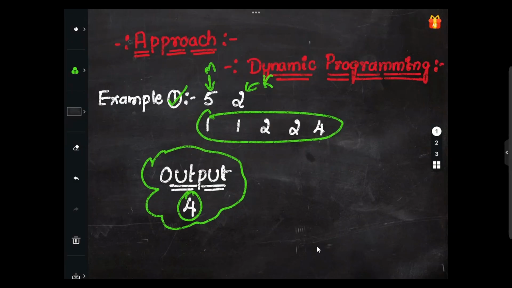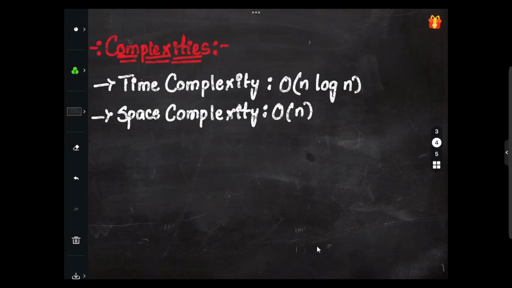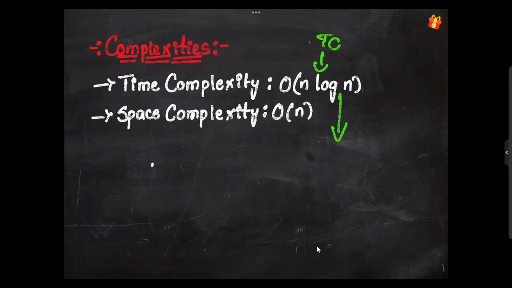Now as we are completely familiar with the approach, let's quickly discuss the complexities part, right? So what will be the time complexity and the space complexity here? The time complexity would be big O of n log n. We will be sorting this one for the compression, and sorting takes big O of n log n.